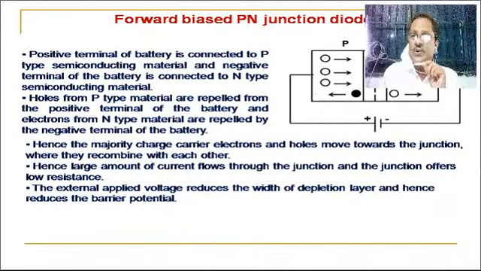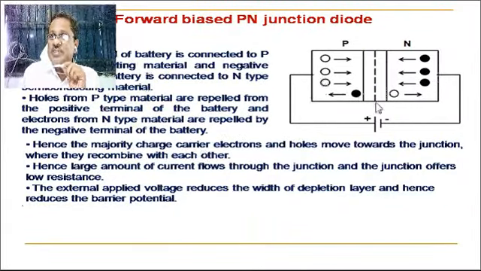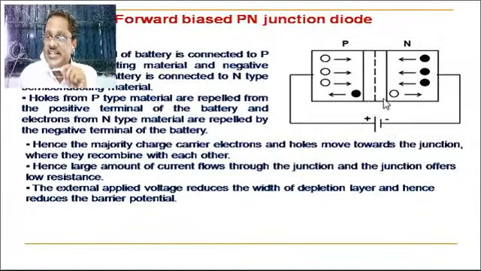Now due to the forward biasing, what is happening? When we apply this external voltage, with the positive terminal to the P-type and the negative terminal to the N-type, that is forward bias, and due to this externally applied voltage the width of the depletion layer decreases.